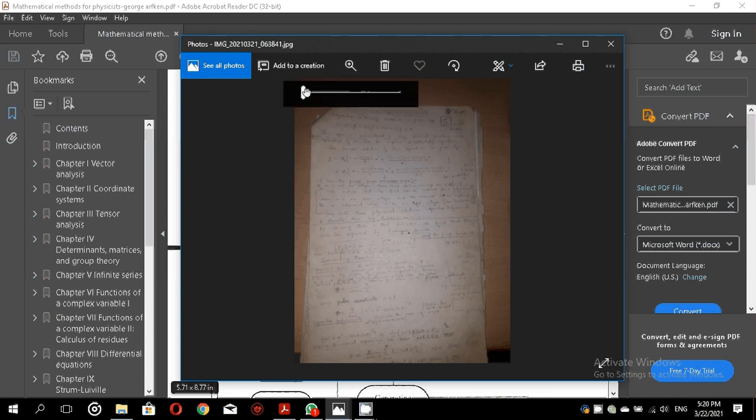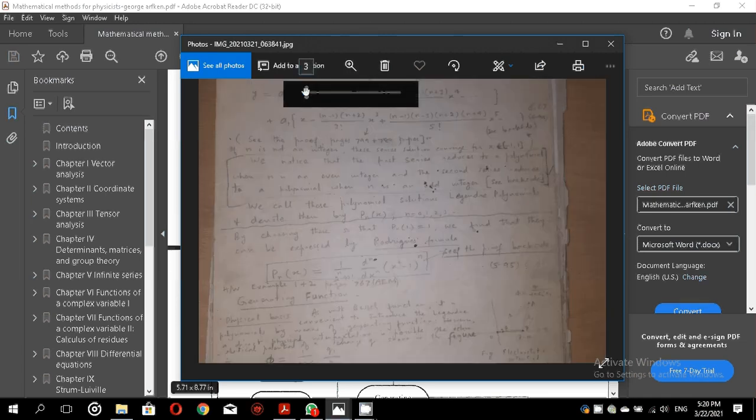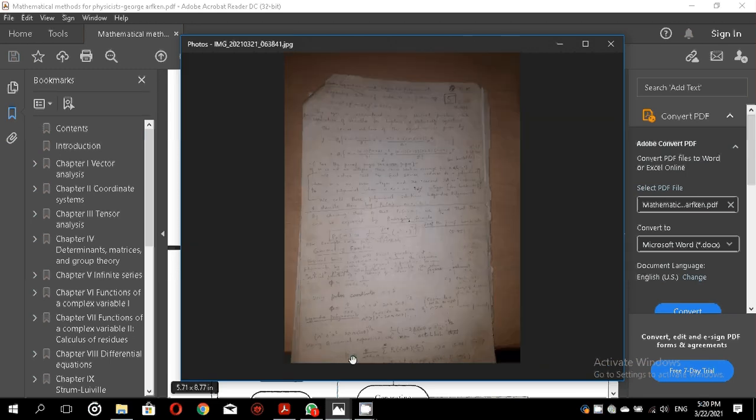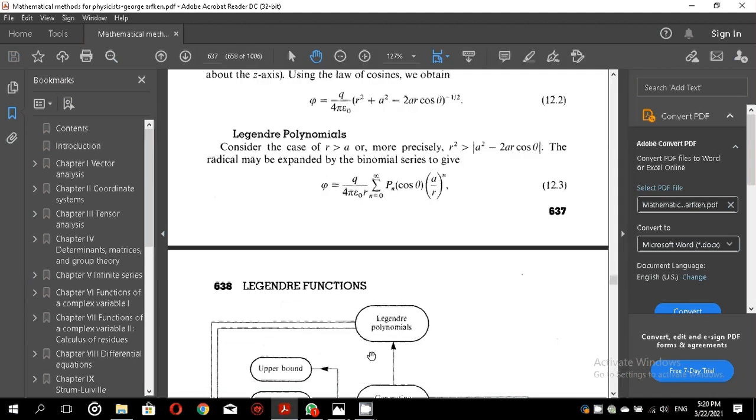Okay, so you can see the use of the generating function for this situation as shown here. It is quite dim, but if you have the original copy of the notes with you, you can easily see what I want to say. So here is the application, and you will reach this result, as shown by equation 12.3 from the book by Arfken.